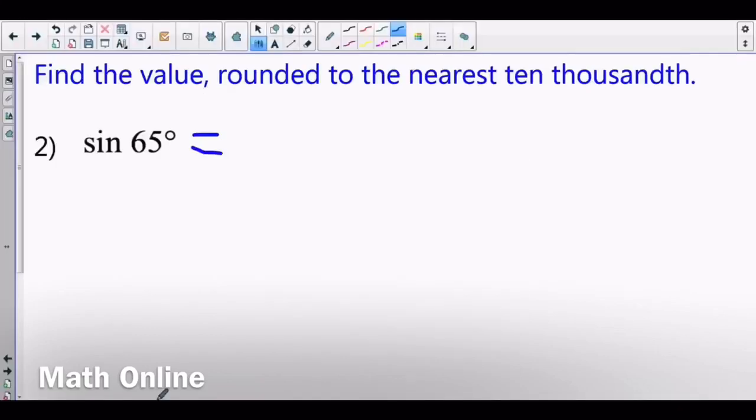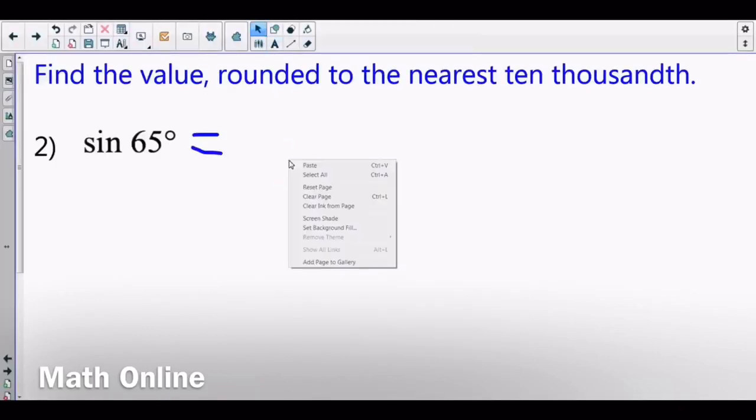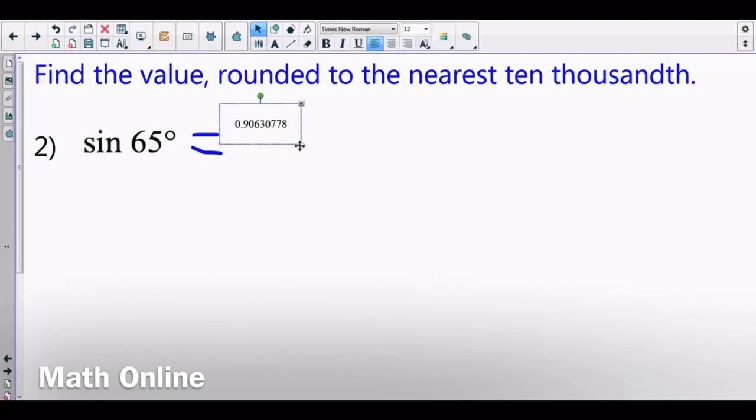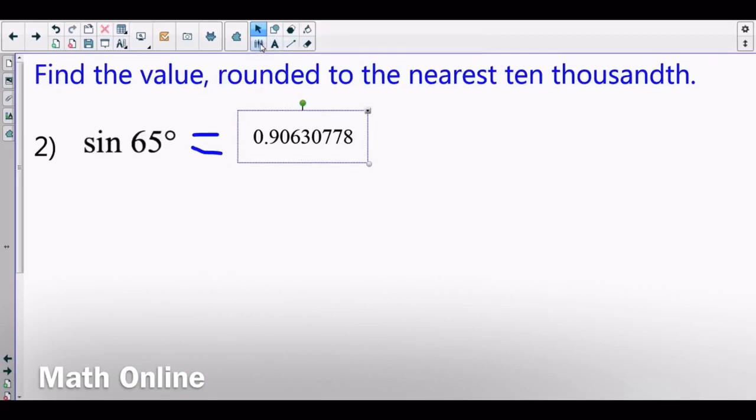So we go back to our lesson. I'll paste this on the screen. We just wait for the answer. I'll make it bigger. And once again, we need to round to the nearest 10,000. So I need 4 decimal values after the decimal point. So I'm going to go ahead and highlight this. 1, 2, 3, 4. And after the 10,000 value, I look at the next value and say, hey, is that number 5 or bigger?